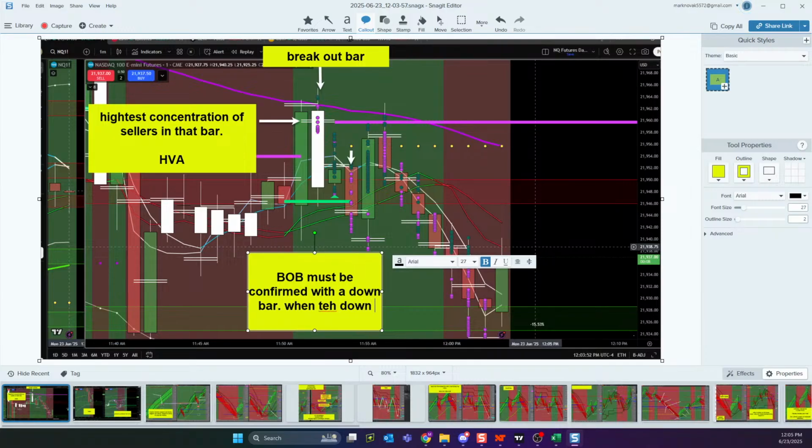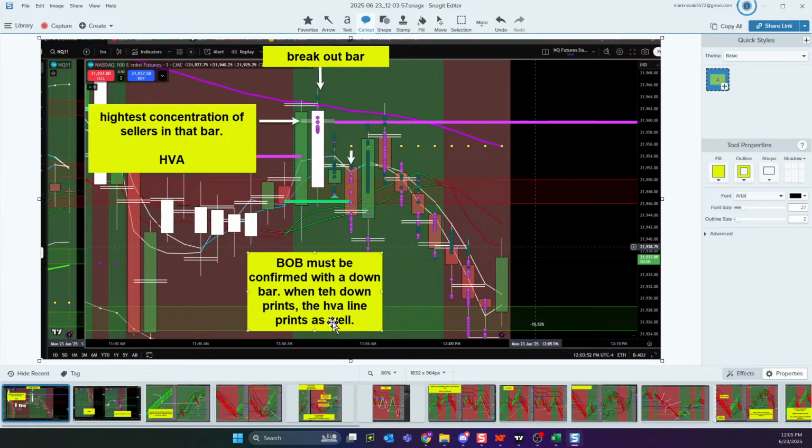When the down bar prints, the HVA line prints as well. So first it's the breakout bar, then it's the down bar. When this bar closes, that's when the pink line shows up. Does that make sense?